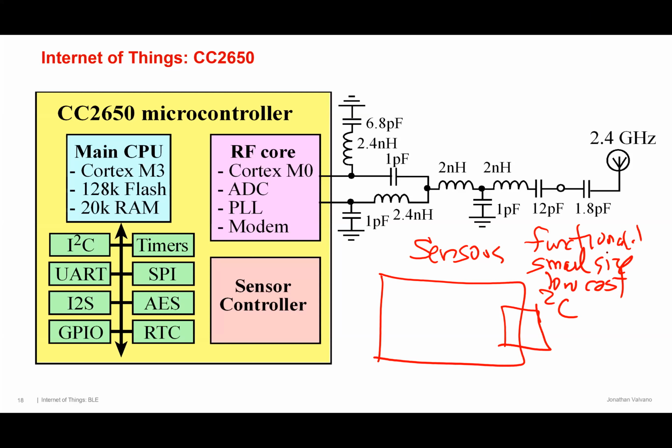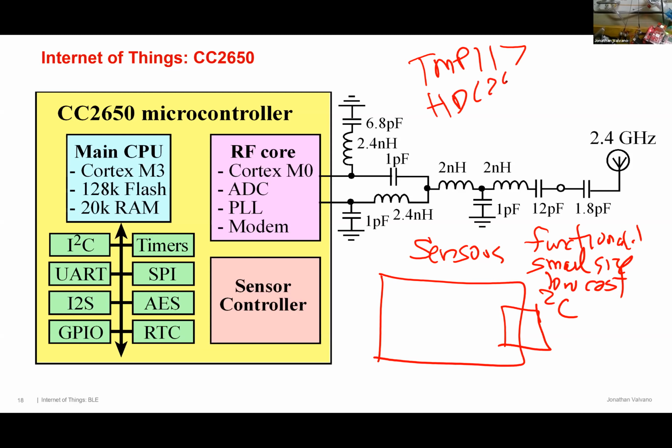Okay. We talked about a bunch of sensors earlier, right? The temp 117, the HDC 20 something 60, the BMI 160, the BMM 150.